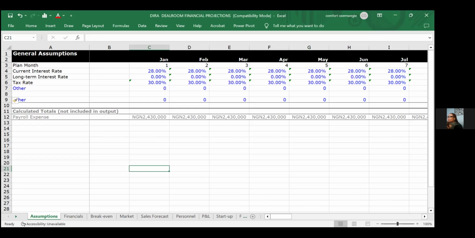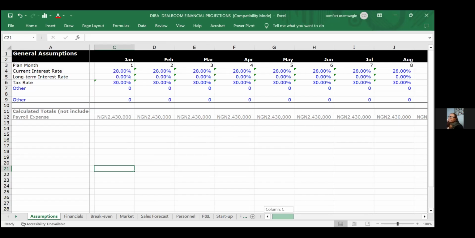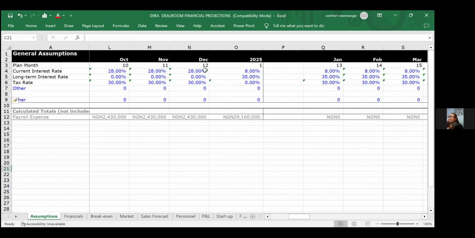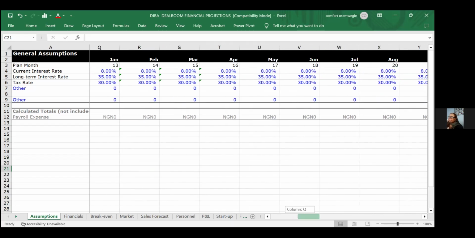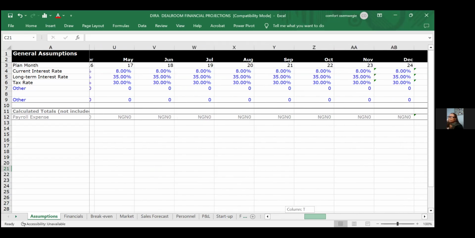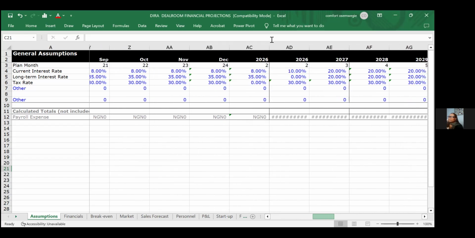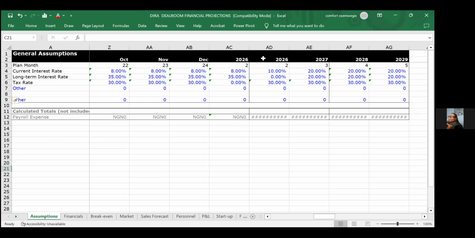Another thing I need to mention is that this sheet captures operational activities and financial activities monthly, from January, February, all the way to the end of December 2025. And then we have 2025 figures here. Then it goes on to calculate the second year, starting from January 2026 to December 2026, and it gives you a cumulative. Now, why do we have 2026 here, which you will ask questions?